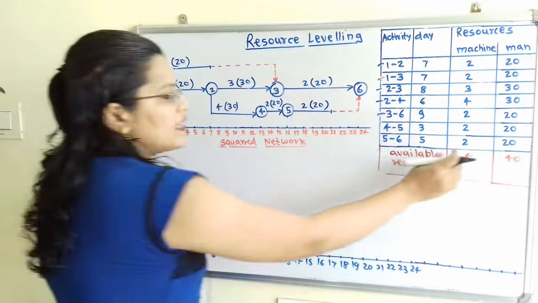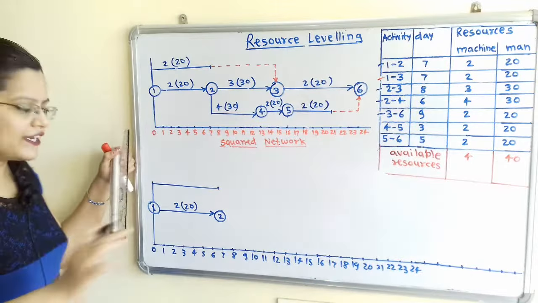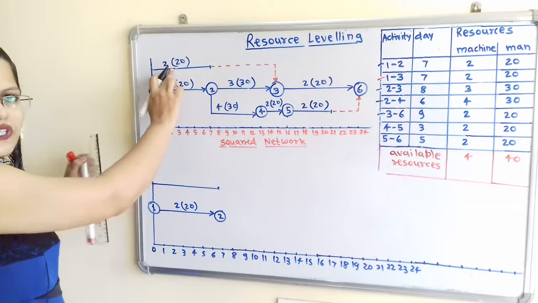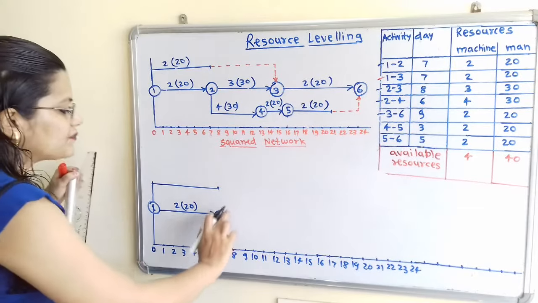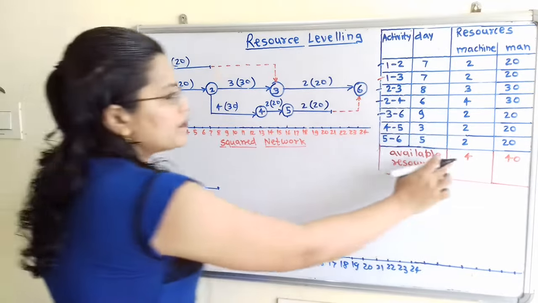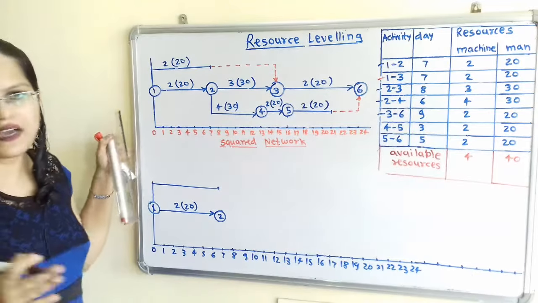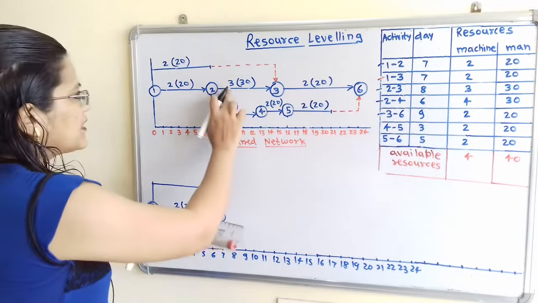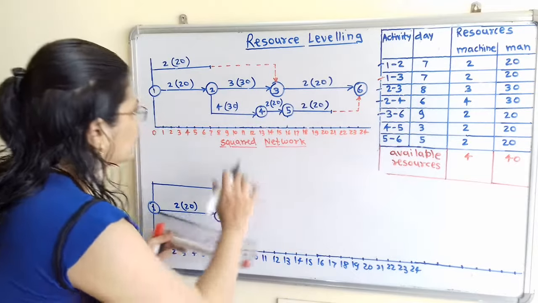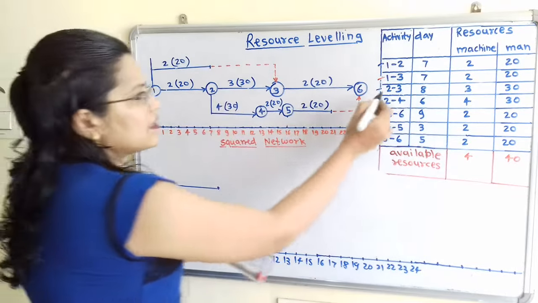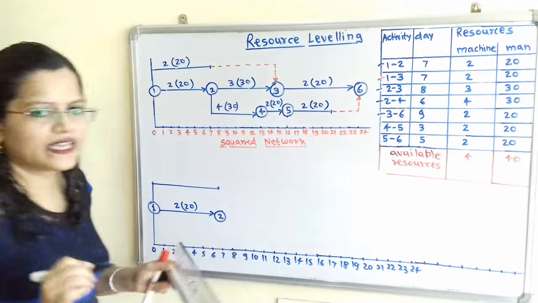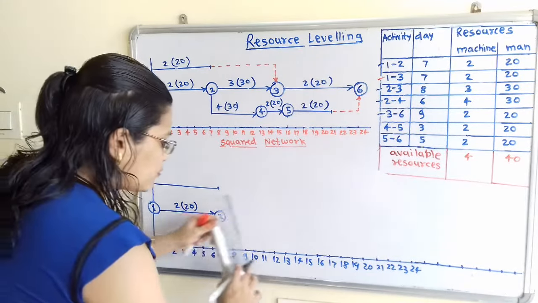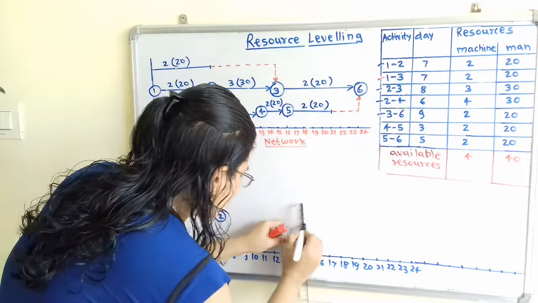So all the available resources are engaged during the completion of these two activities, and then these 4 machines and 40 men are available. So we can use 3 machines and 30 men out of these for 2 to 3. So 2 to 3 number of days is 8. So here 7 plus 8 is equal to 15. So I will show this here.